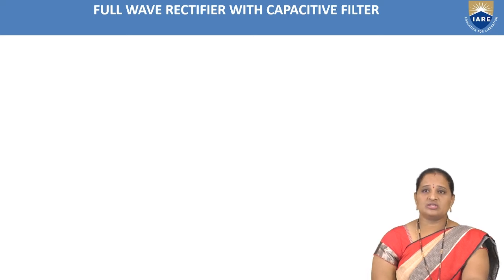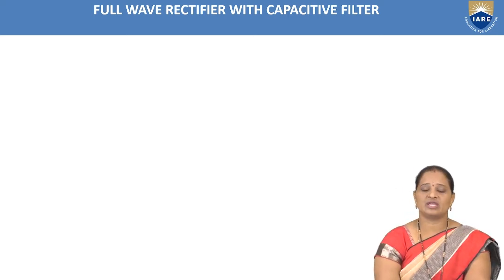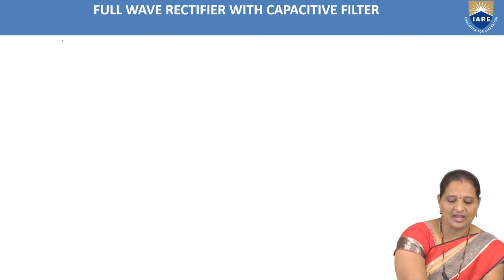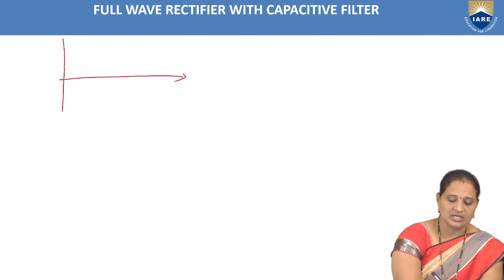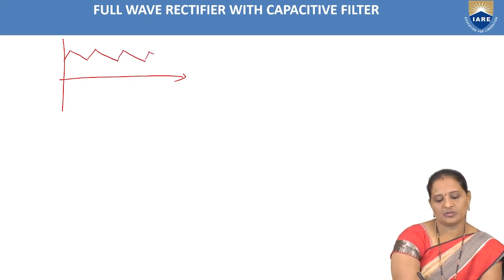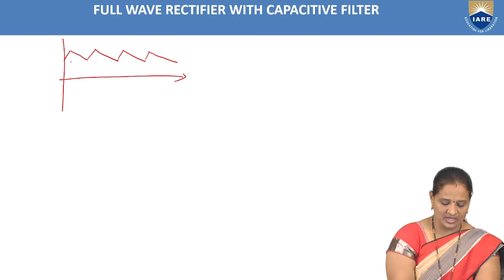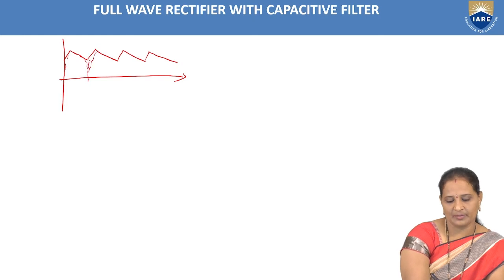Now, we'll also try to find out the ripple factor of the full wave rectifier with capacitive filter. For that, again, we need to take the output waveform, which is having charging and discharging time periods. Let us consider this is during the positive half cycle.